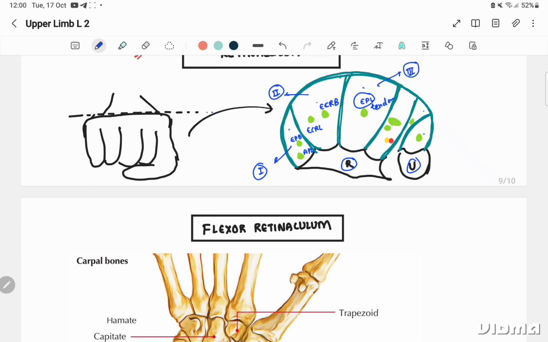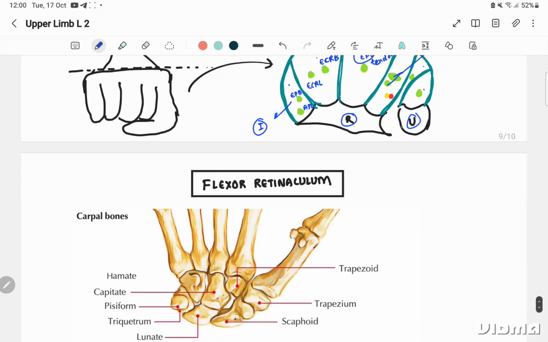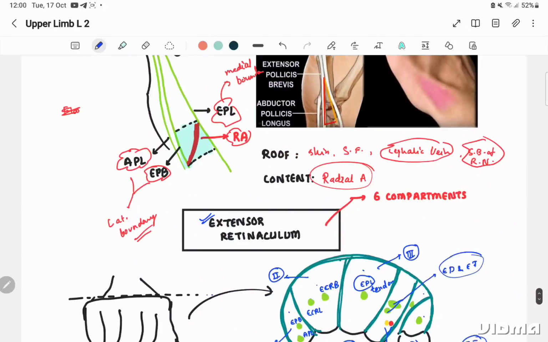In the fourth compartment we have the long tendons of extensor digitorum and extensor indicis. And two more things, that is the posterior interosseous nerve and anterior interosseous artery, PIN and AIA, also in the fourth compartment.